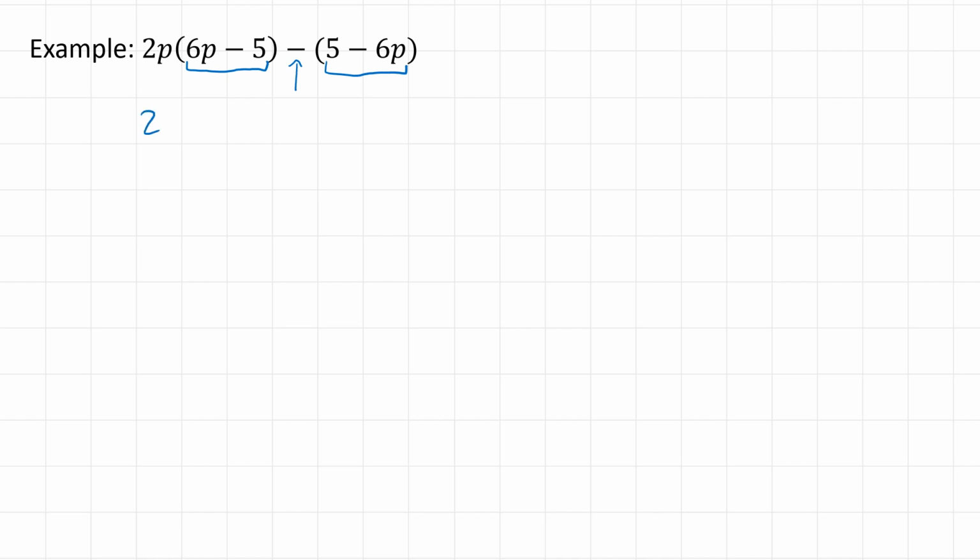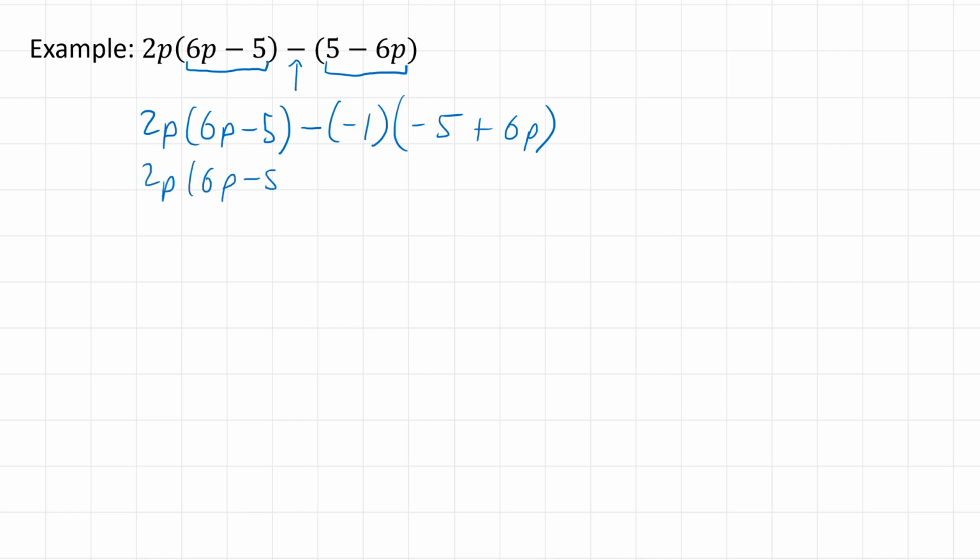So we've got our 2p, and we have 6p minus 5 still. We got this same negative sign, and now I'm taking out a negative 1 from here. And that basically means I have a minus 5 in here now, but a positive 6p. So if we tidy that up a bit, we have our 2p, 6p minus 5 again.